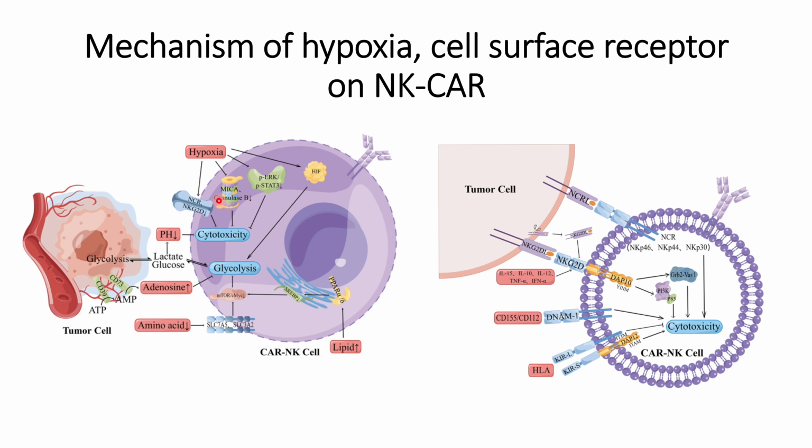This will cause a reduction in the granules, such as granzyme, that are released by the CAR NK cells to act on the tumor cells. The receptors usually present on the CAR NK cells for the detection of tumors will also go down because of the hypoxic conditions.